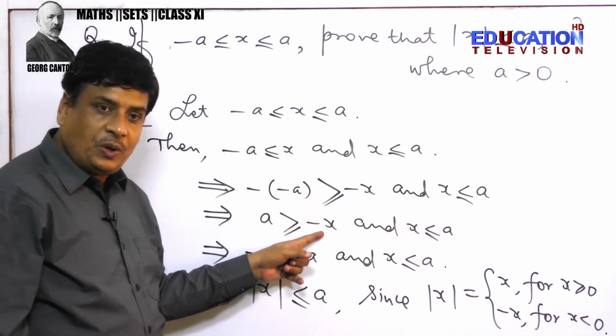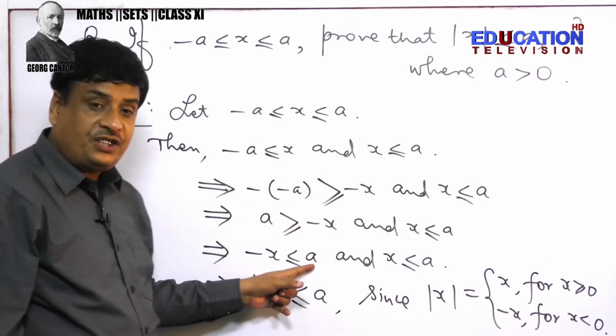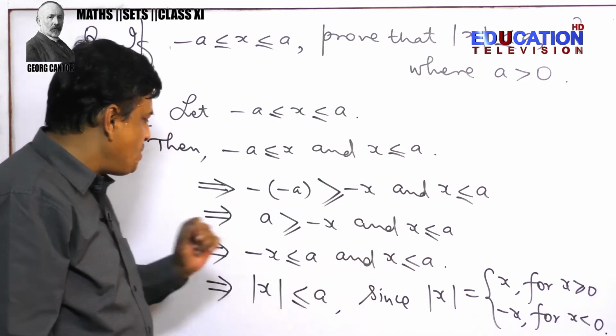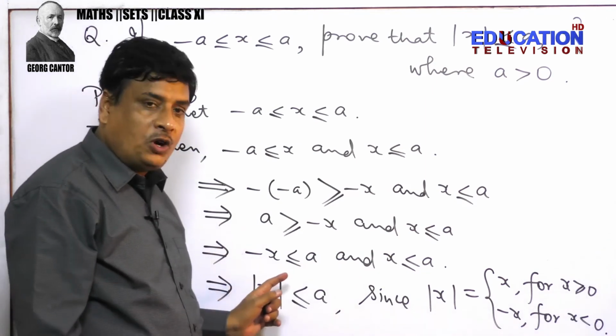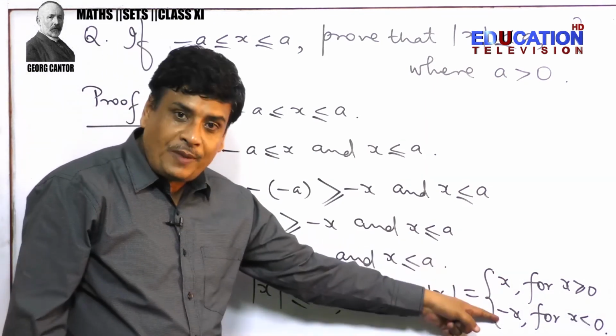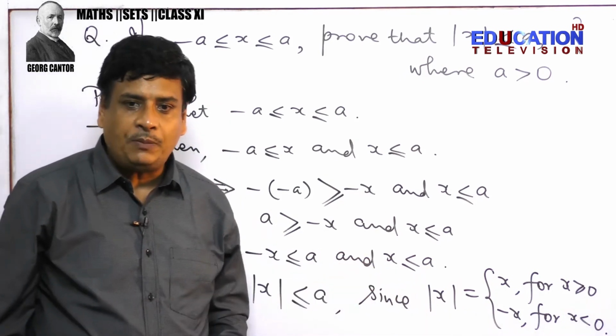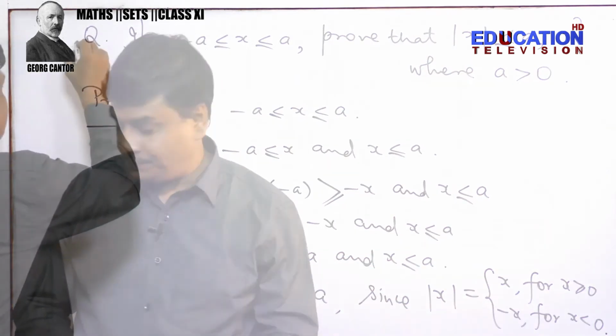A is greater or equal to minus x, which is less or equal to a, both are the same. So in the combined form, whatever be the value of modulus x, it may be x or minus x, both are less or equal to a. So modulus x itself is less or equal to a.